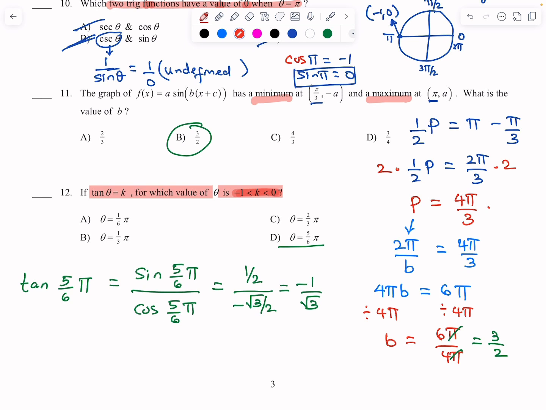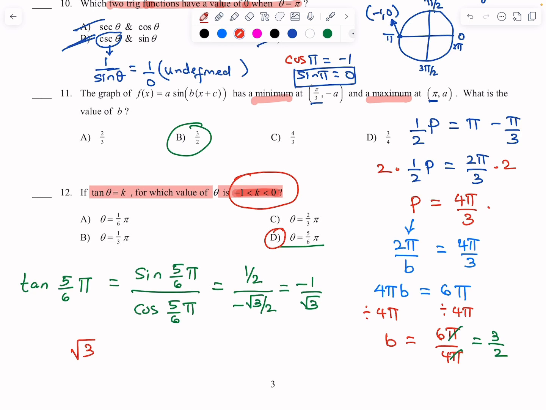The square root of 3 is very close to 2, and if I divide that by 1, it will still be within this range. So my answer to that question is going to be option D.